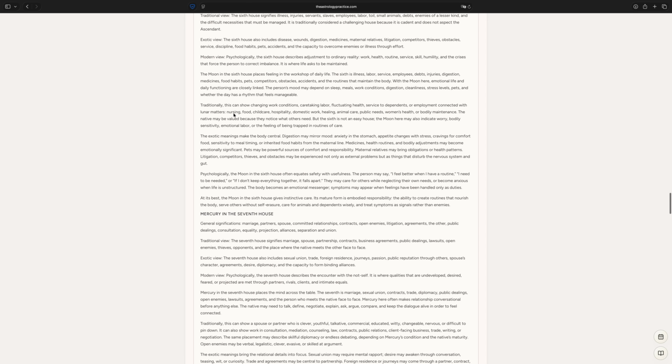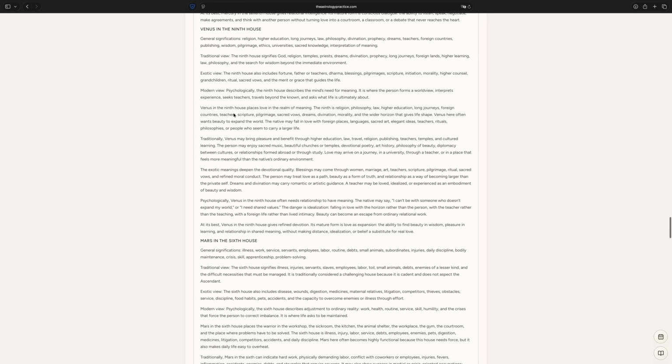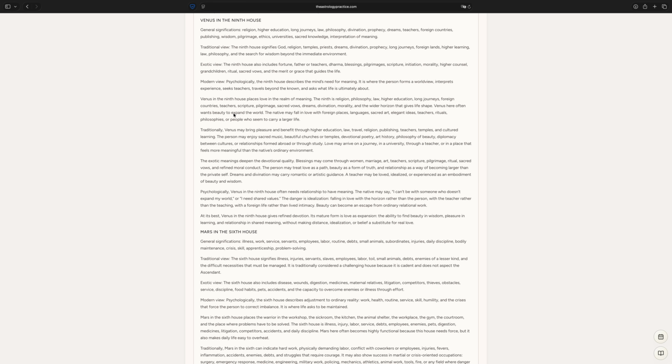Mercury in the 7th house and what that means. Venus in the 9th house, the house that's also known as the house of temple work, of divination, of astrology, of religion, of philosophy, of higher education, of academia. What does Venus mean there? It is also the house of long distance travel, foreign cultures.